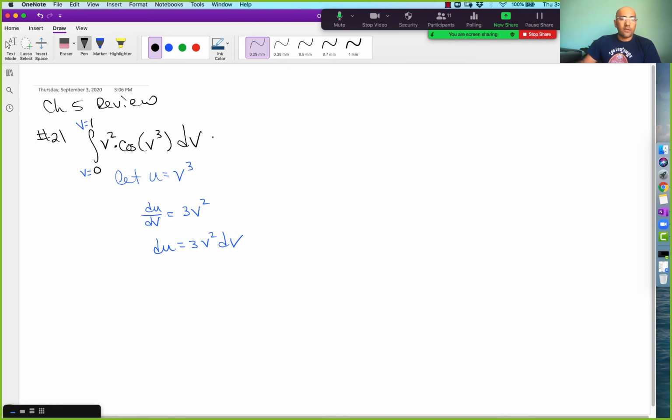Okay, so we're going to come over here, and we're going to change these guys. I'm going to leave my v to 0 and v to 1 as my limits for now. I'm going to rewrite this as cosine of, and then I'm going to replace that with that u substitution, right? So v cubed is u. And then we have this v squared dv here.